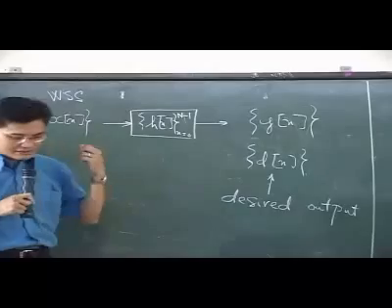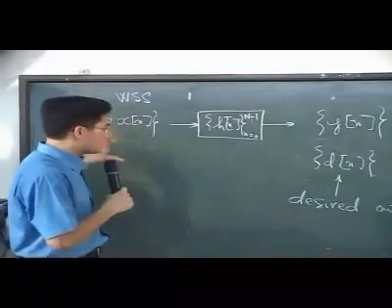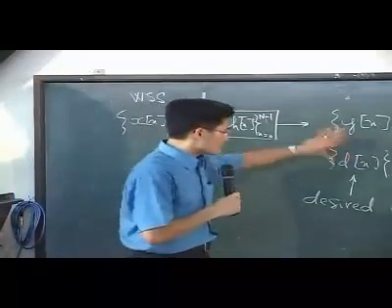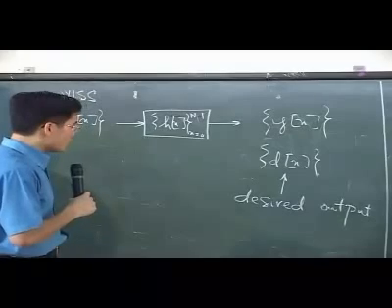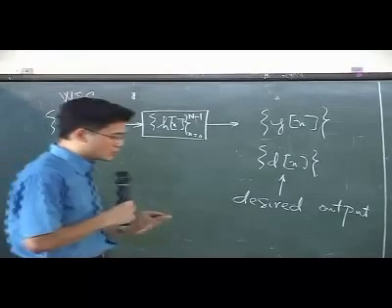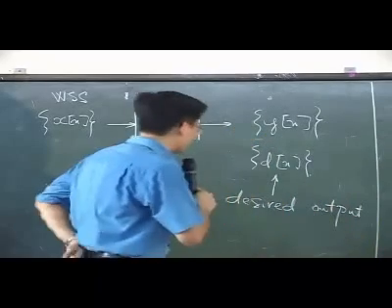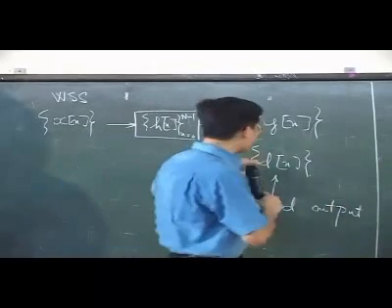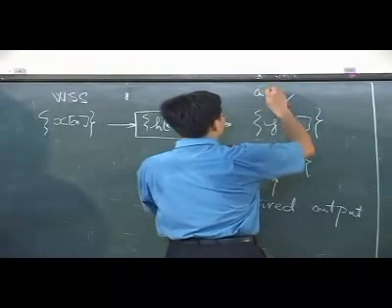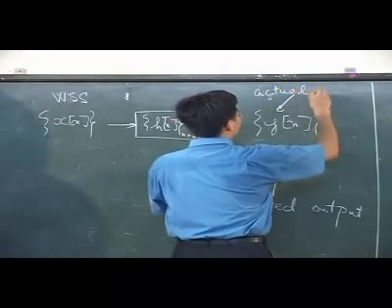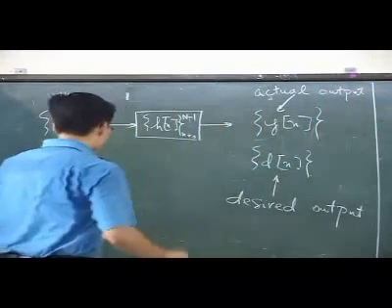But of course, the signal is random with different values, so the desired output also has to be a random signal. Now what I wish is to have the desired output close to the actual output. And here is the actual output.